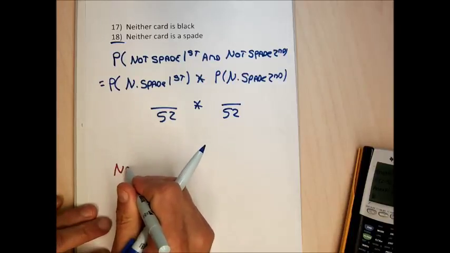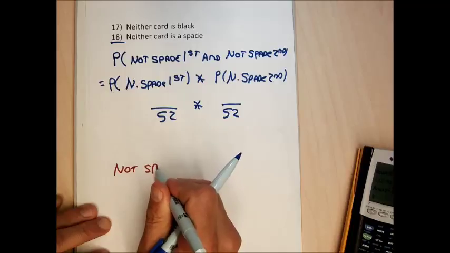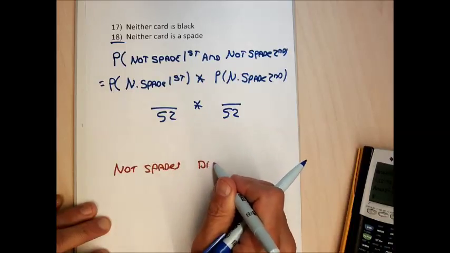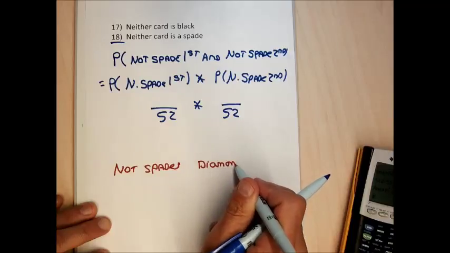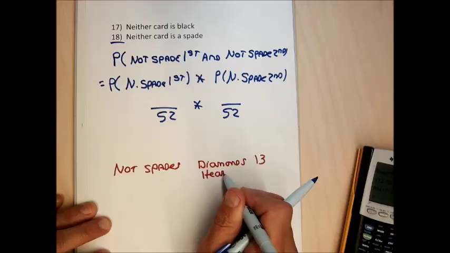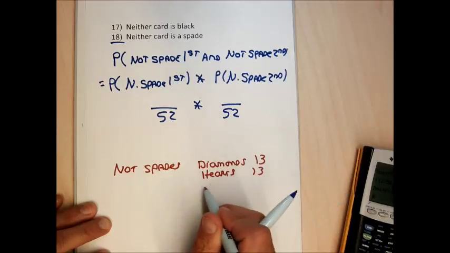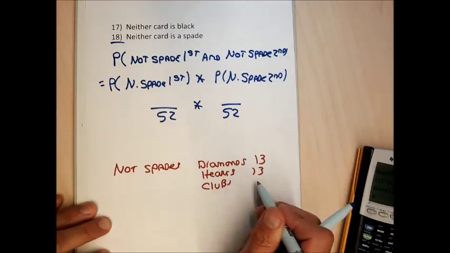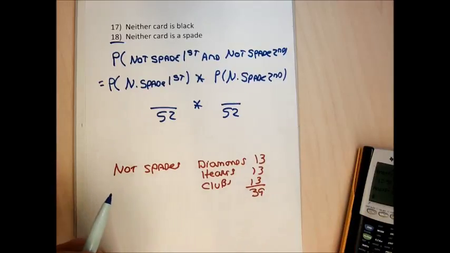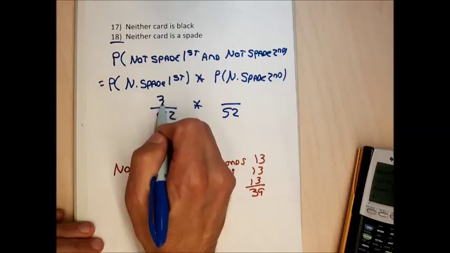For the not spades, the cards that are not spades are the diamonds, of which there's 13, the hearts, of which there's 13, and the clubs, of which there's 13. There's 39 cards in a deck of cards that classify as not spades.